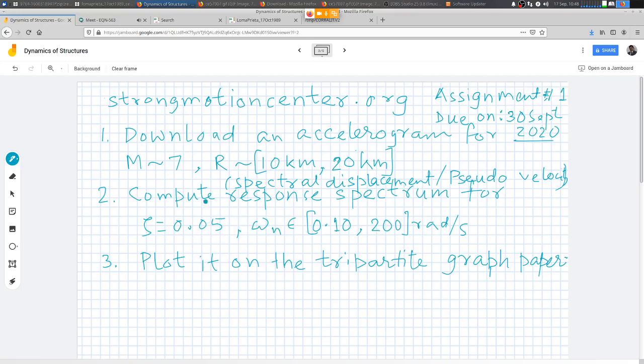You should write a code which will solve the differential equation, find the maximum value for each omega n, save that in an array, and then plot omega n or Tn versus pseudo velocity.